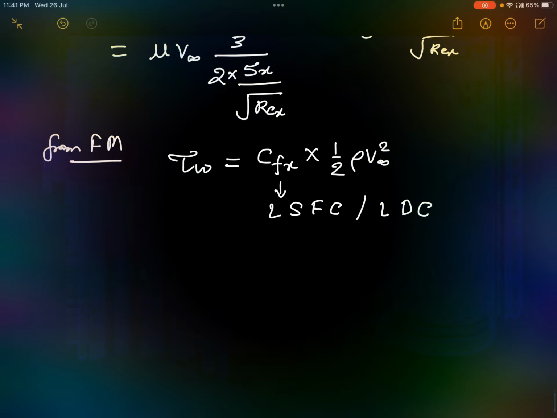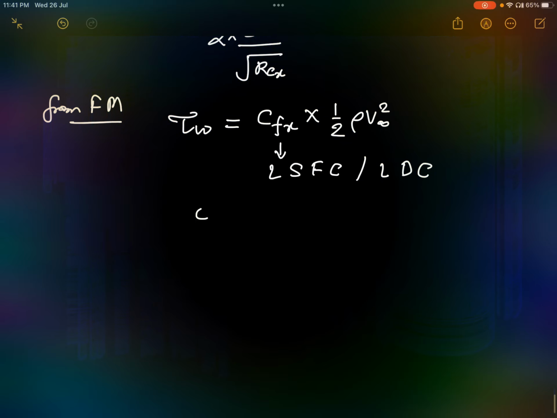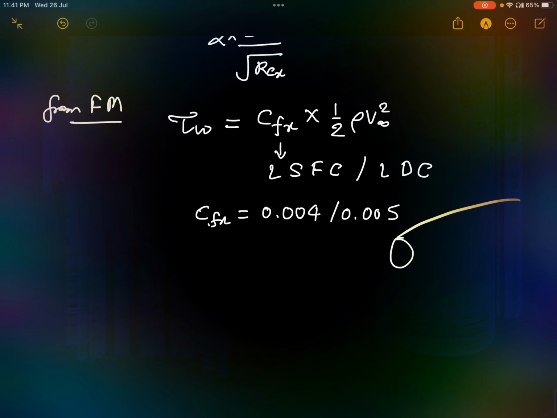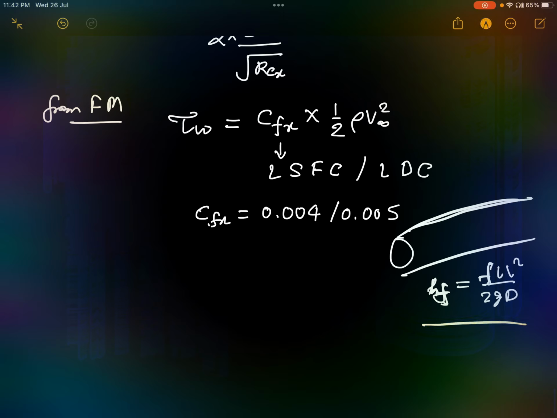This is a dimensionless parameter. This Cfx comes out to be 0.004 or 0.005 for the case of pipe, where hf is equal to f L V square upon 2gD. hf is the head loss due to friction, and f is the Darcy friction factor.